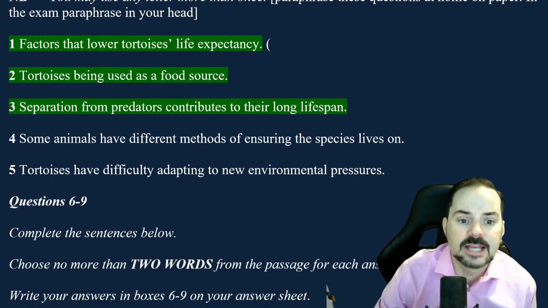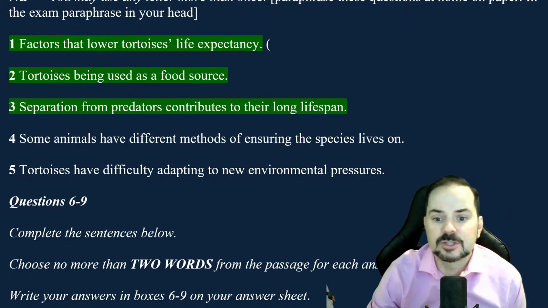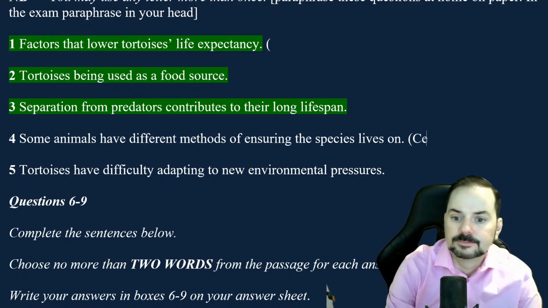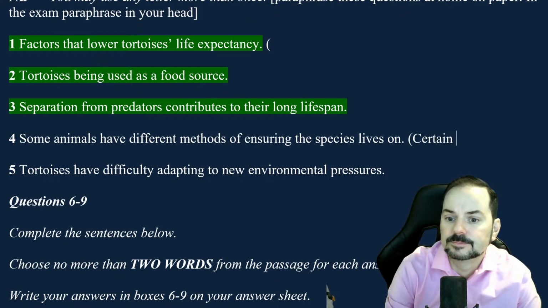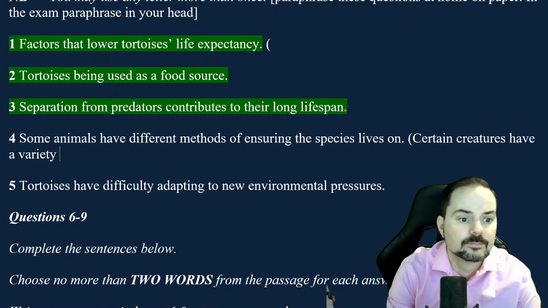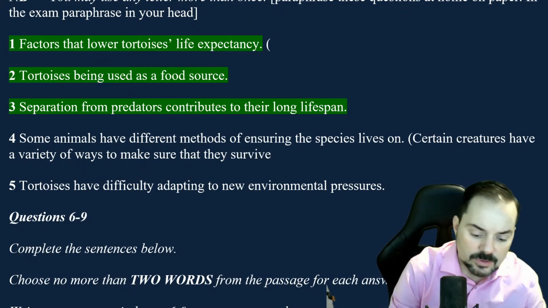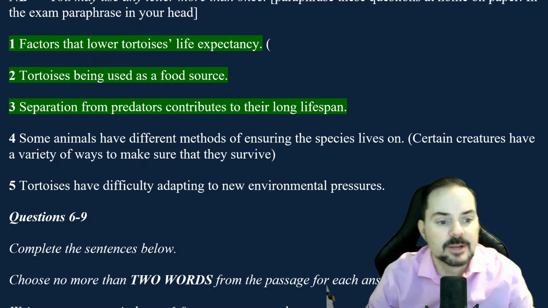Some animals have different methods of ensuring the species lives on. Okay, so read what I just wrote there, and then you'll see what I mean by paraphrasing.